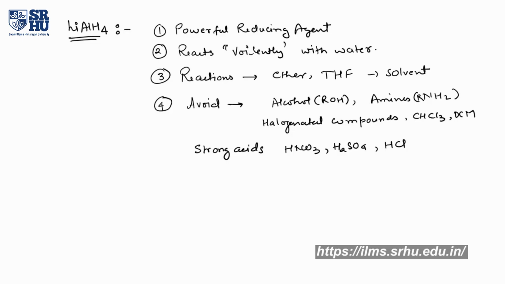Now, next we must understand what are the groups that are reduced by LiAlH4. As you know, LiAlH4 is a strong reducing agent, so it is capable of reducing a wide variety of organic compounds. So now we need to see which groups are reduced by LiAlH4.